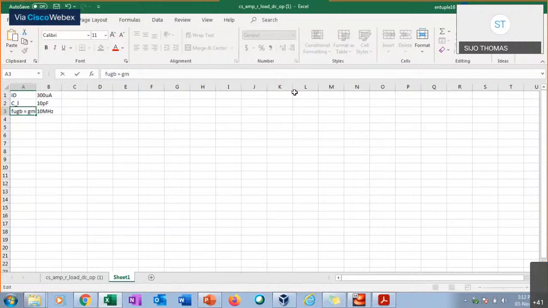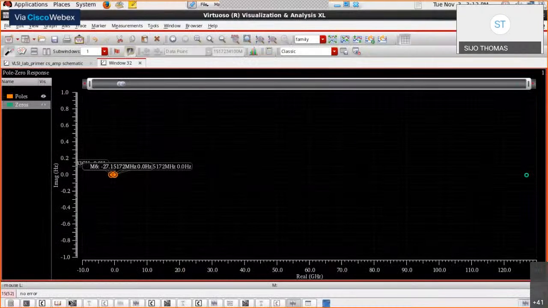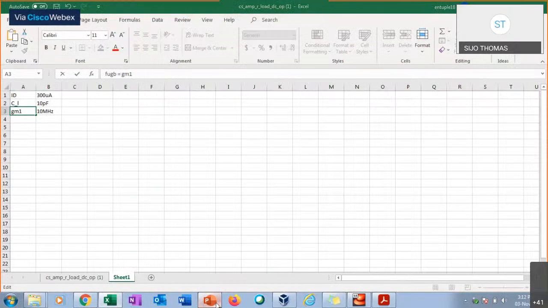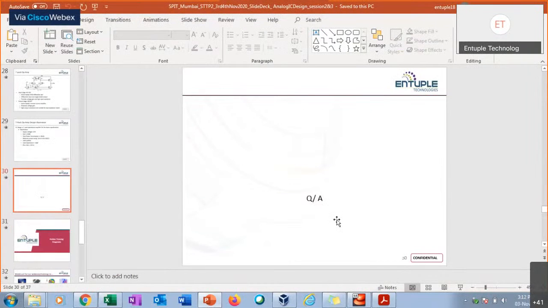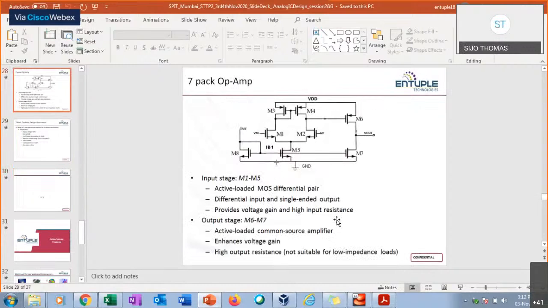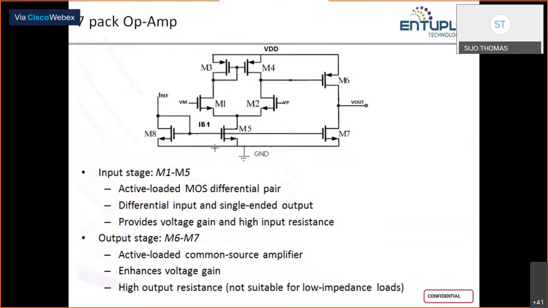So Naveen, can you just show that schematic once, then it will be helpful in the slide itself maybe. Yeah, so this is the basic two-stage op-amp design. Okay, so I'm going with the same naming convention.